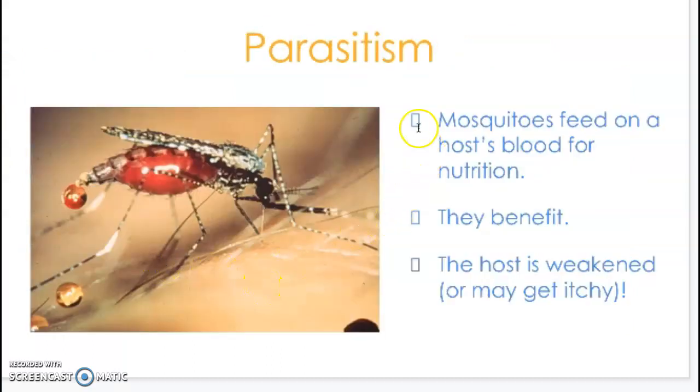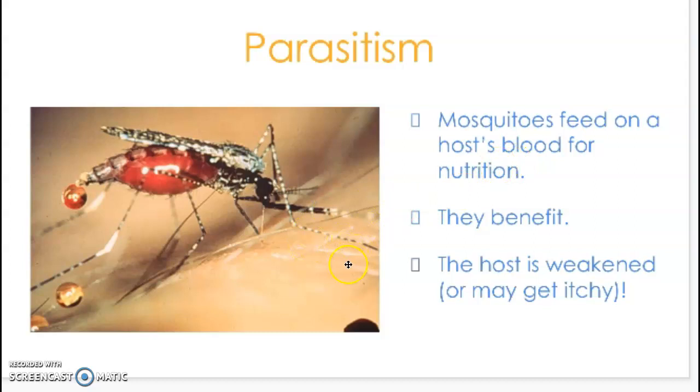Parasitism, again, the host is the individual that allows the organism that is going to endanger it to live within it. So like a mosquito is going to enter the host in one way or another, and the host is going to be harmed.